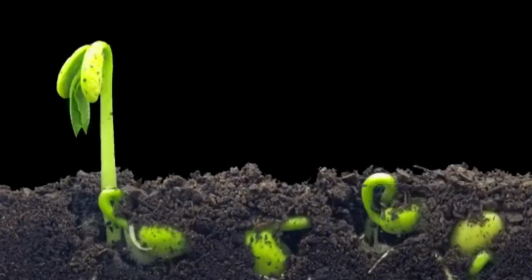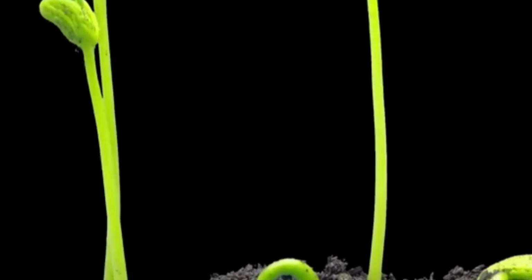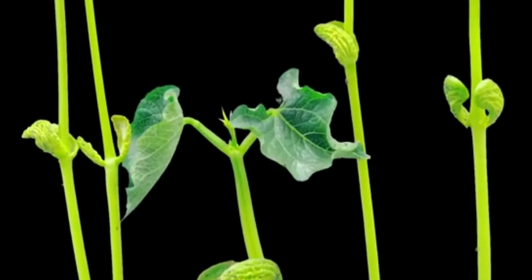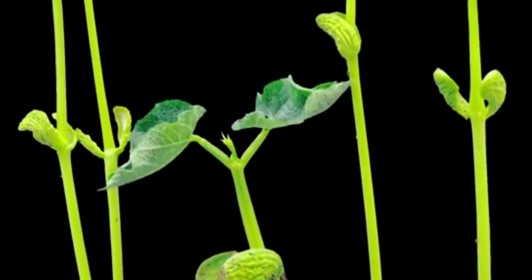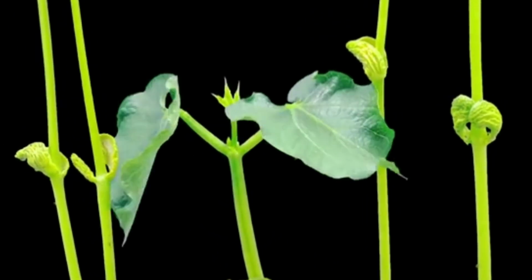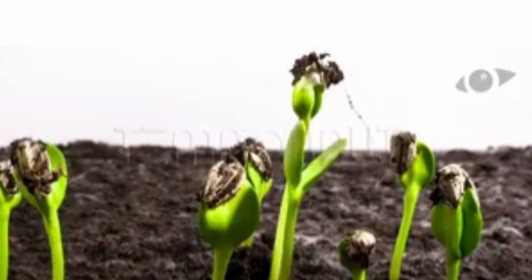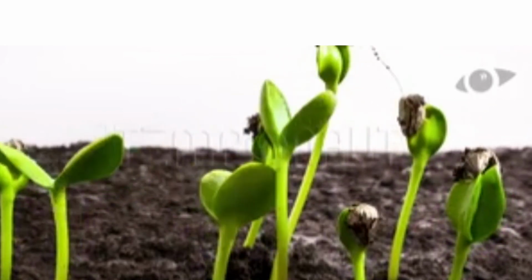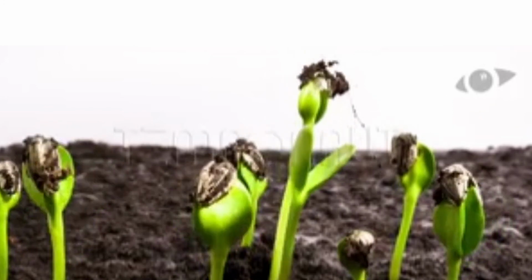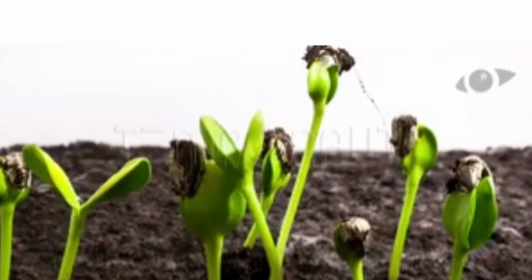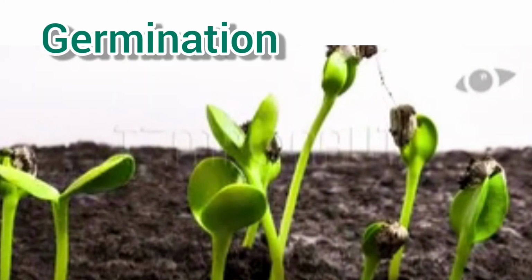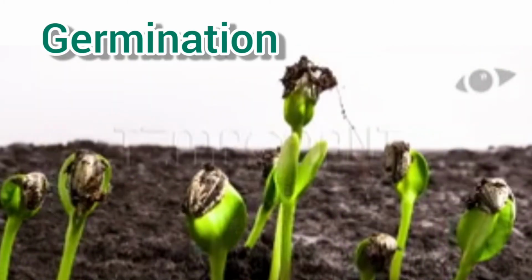On getting favorable environmental conditions, the seed germinates to form a small seedling which finally grows into a plant. Finally, the seed contains the future plant or embryo. The embryo develops into a seedling under favorable conditions. This process of development of seedling from a seed is called germination.